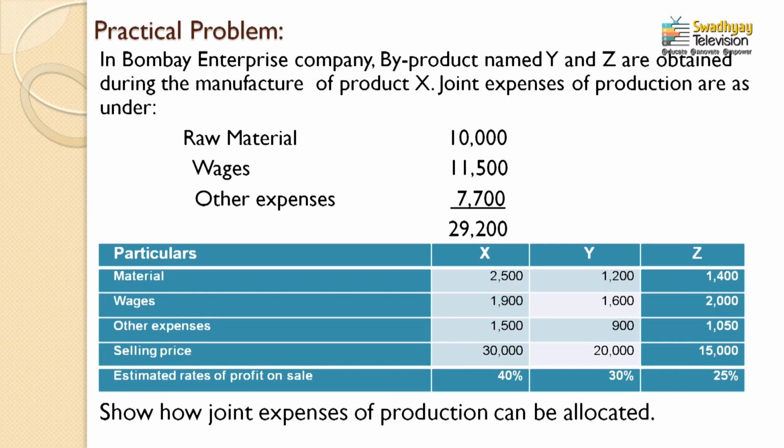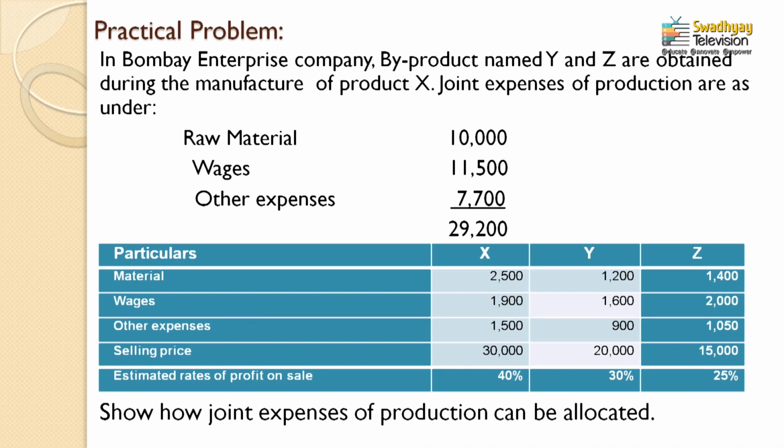Now see the table. In the table it is clearly mentioned that the expenditures are incurred separately, that means the expenditures incurred for manufacturing the main product X, along with the expenditures incurred for the two other byproducts Y and Z, are mentioned separately for all the direct, indirect expenses or other overheads also.